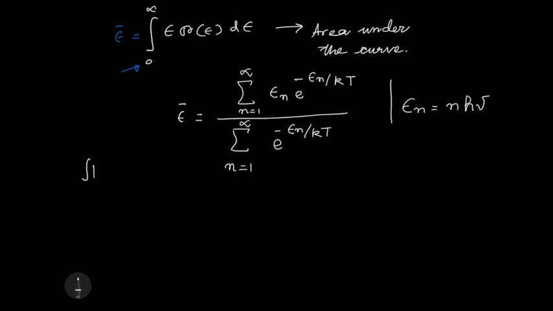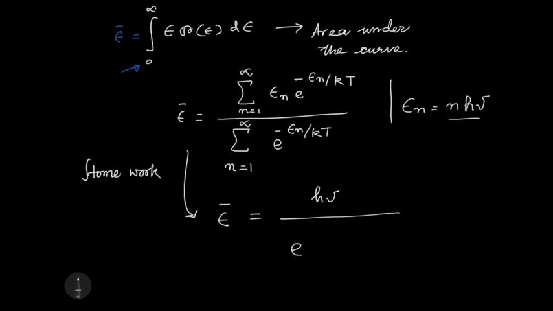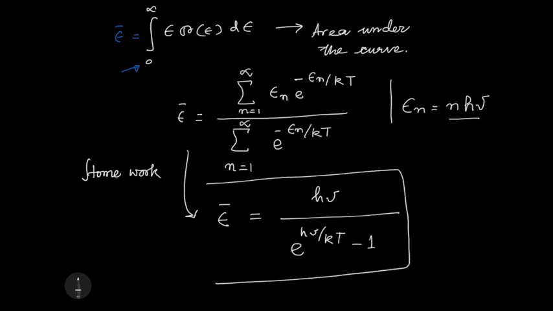Now I'll not do the calculation. This is your homework. To get from here to here, that epsilon bar, if you put n h nu over there and do the summation, what you will get is h nu by e to the h nu by kT minus 1.